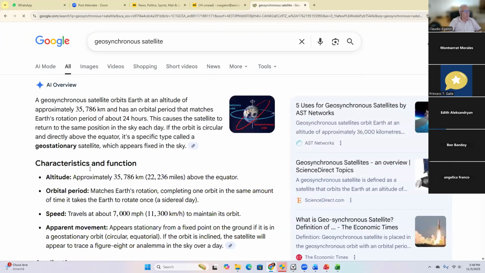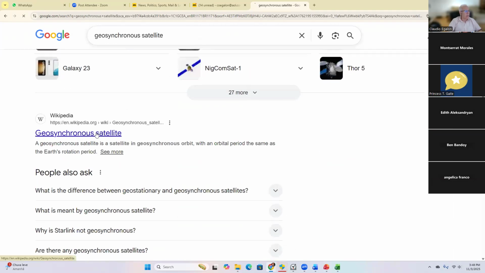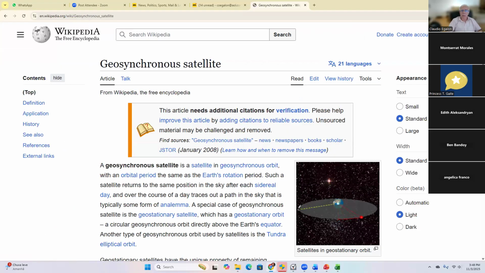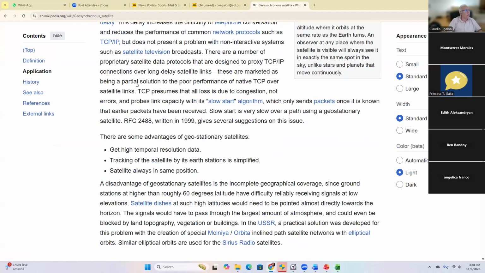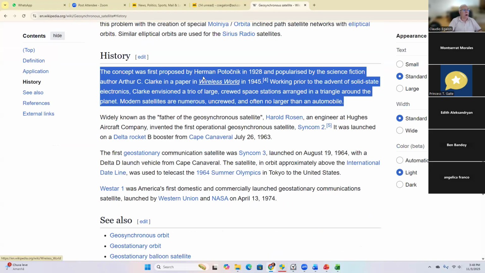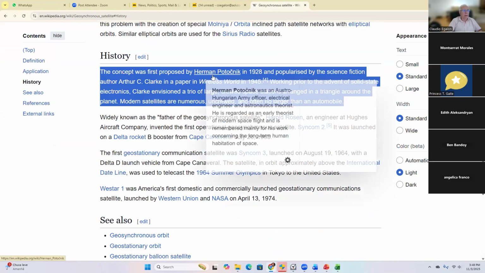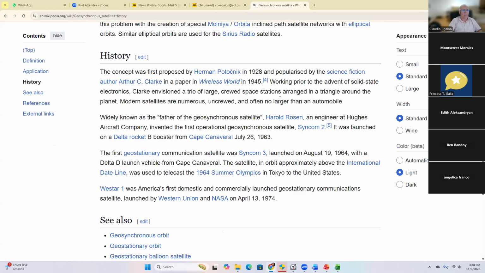Geosynchronous characteristics and function. Let's see here. I want to see the history behind this geosynchronous satellite. Definition, application. Let's see history. The concept was first proposed not by Arthur Clarke, but by Herman Potocnik in 1928, and it was popularized by Arthur Charles Clarke.